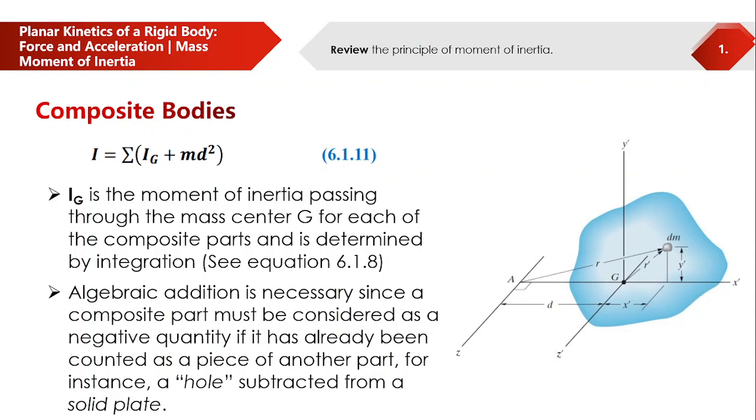Just for simple thought of composite bodies, you're just going to find the mass moment of inertia of each composite part, then isasum mo lang lahat. For those parts that have already been counted, you're going to assume that as negative. After you identify each part, negative or positive, you can have the summation, and then you have the moment of inertia of the whole composite body.